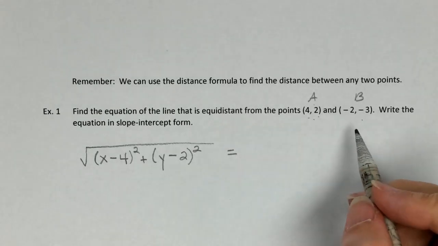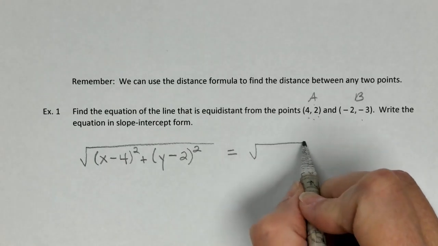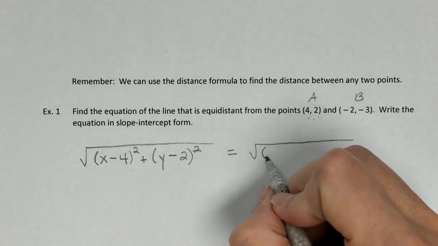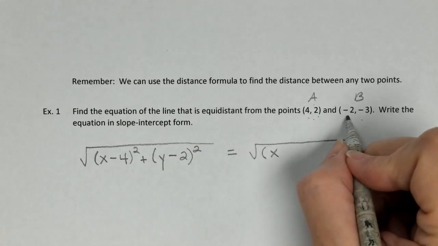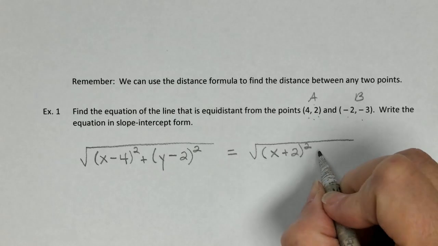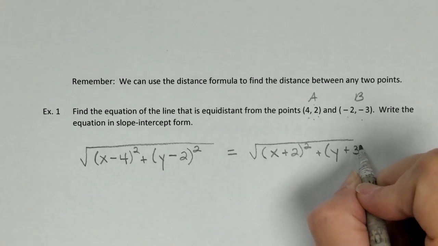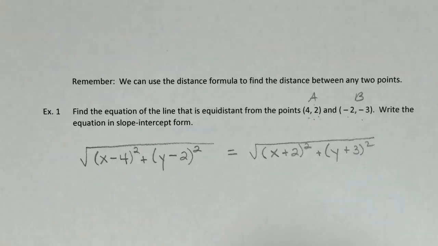And since they're supposed to be equally distant, we can say that distance is the same as the square root of x minus -2, which is plus 2, squared, plus y minus -3, which is plus 3, squared. And then we're going to rearrange this equation and get it into slope-intercept form.